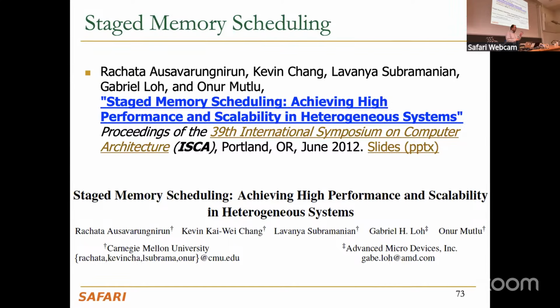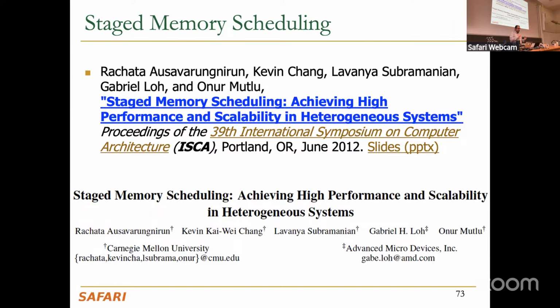And also note that in GPUs, the hit rate of the caches is quite low. Like the L1 cache hit rate is usually around 50, 60%. The LLC hit rate is also quite low. So many of the memory requests are going to end up going to the off-chip memory. So from the GPU side, we have many requests, and also these requests are not that latency sensitive. In a GPU, you are capable of tolerating latencies up to a certain point.